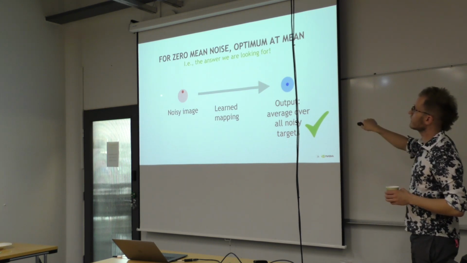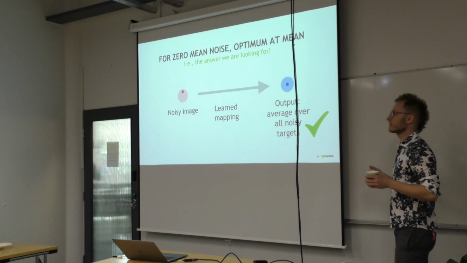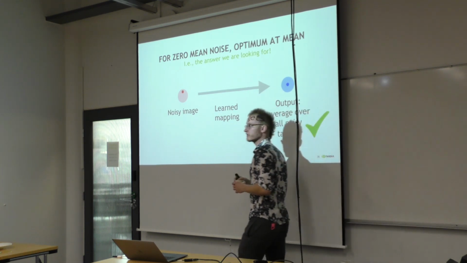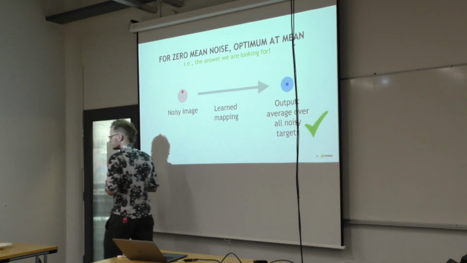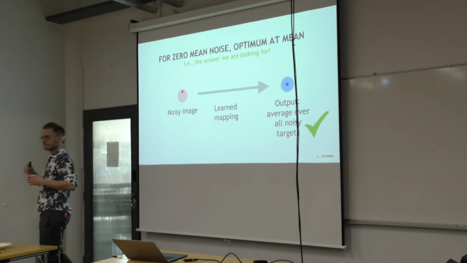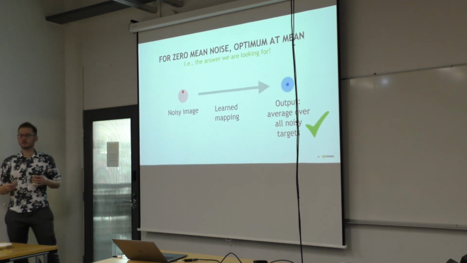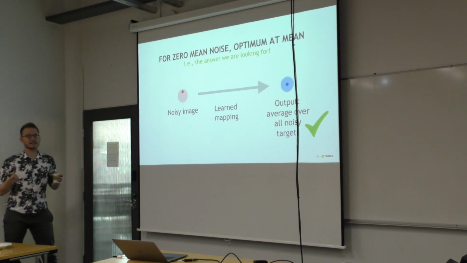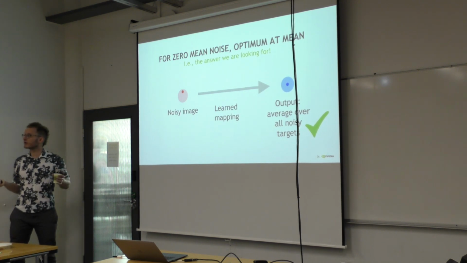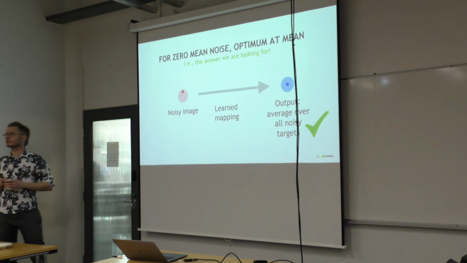And in this case, the only thing our model can do, provided that it actually finds this optimum, is to find the expectation of all of those noisy targets, which is exactly the result that we're looking for, if our corruption happens to be zero mean.